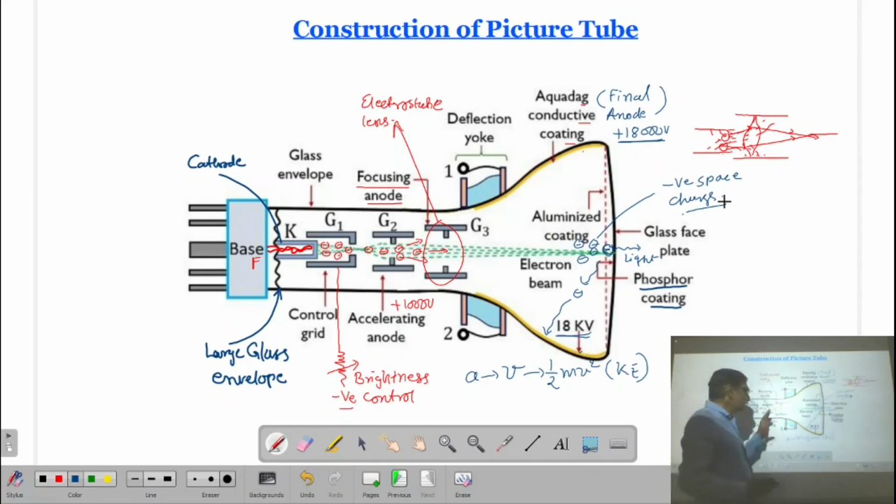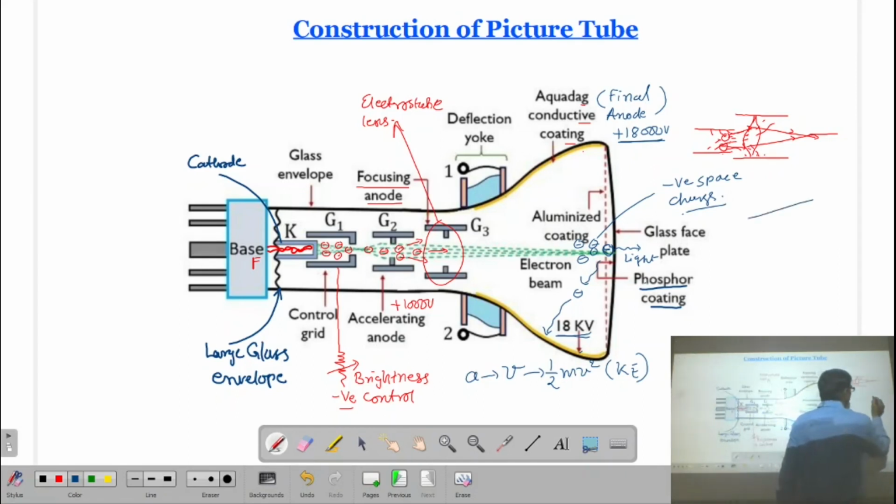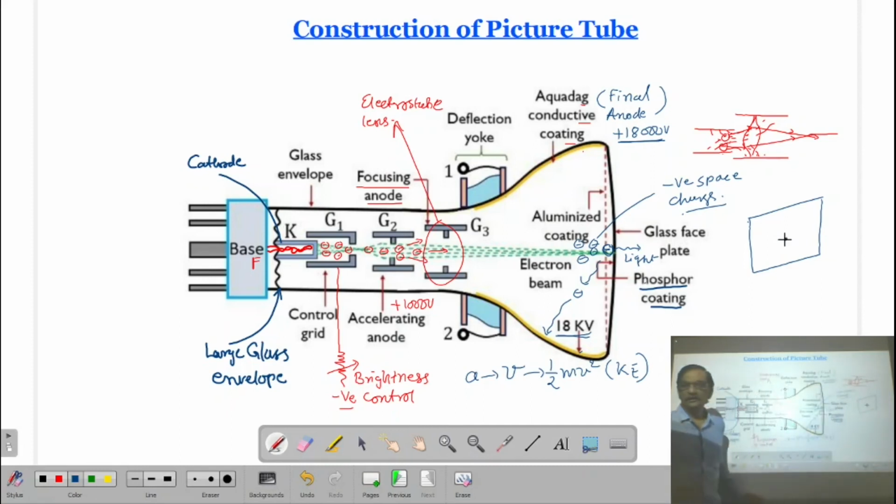Okay. Now, in this screen, the electron beam is going to strike the center of the screen.